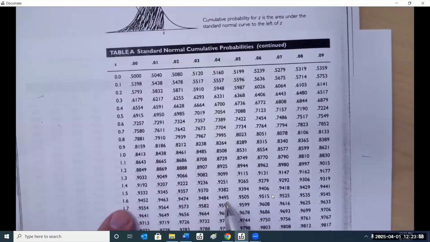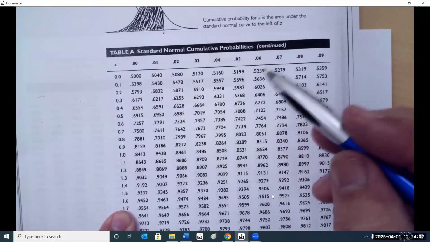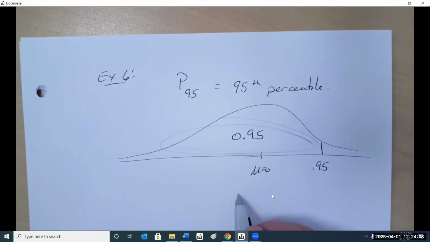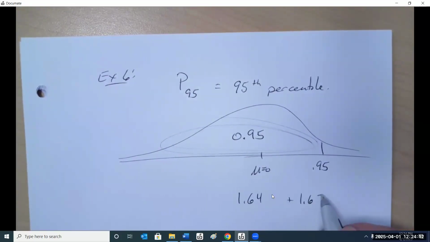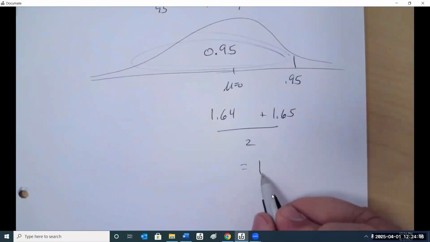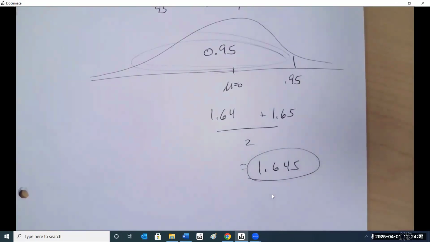Yeah, so we go 1.64 and 1.65. It's in the middle of it, so we take the average of those two. 1.64 plus 1.65, add those together, divide by 2, we get 1.645. If it's exactly in the middle of two numbers, then you take the average of those two.